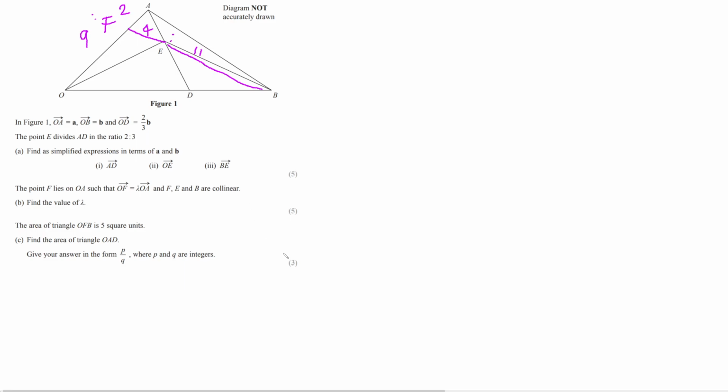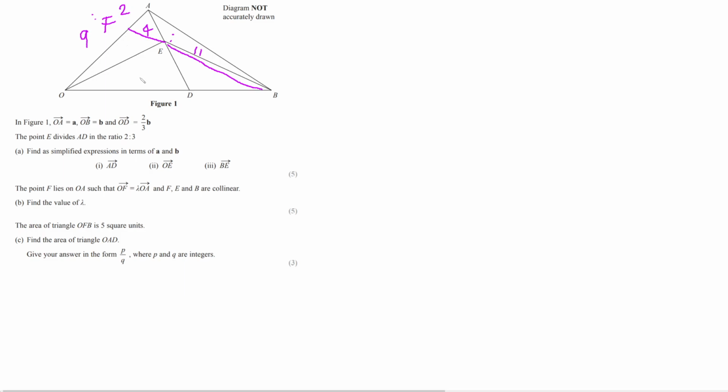So first, I'm going to talk about what I've drawn onto the diagram here. We knew from the previous question that the extension of BE to BF was by a factor of 15/11. So that means 11 parts are here and 4 parts are here. In the same way, because OF is 9/11ths of OA, 9 parts of that side are here and 2 parts of that side are here.